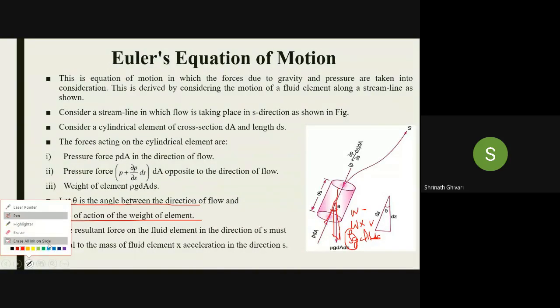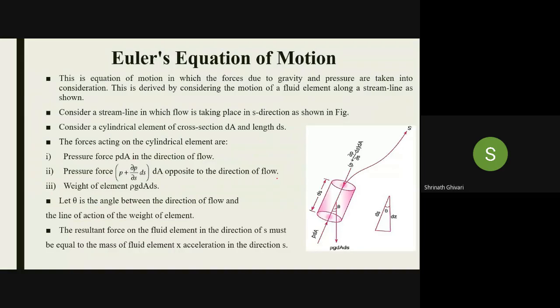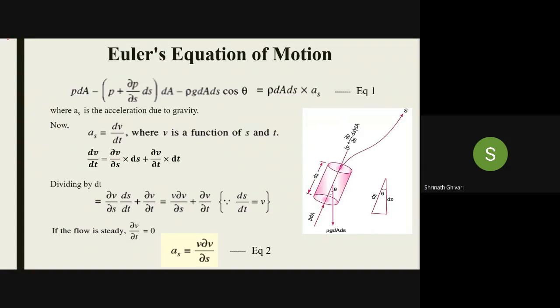So the resultant force of all this will be P dA minus P plus dou P by dou S into ds into dA, and minus rho g dA ds cos theta. Okay, rho g dA ds cos theta. So this is the force which is equal to mass into acceleration, the force acting on that fluid element.